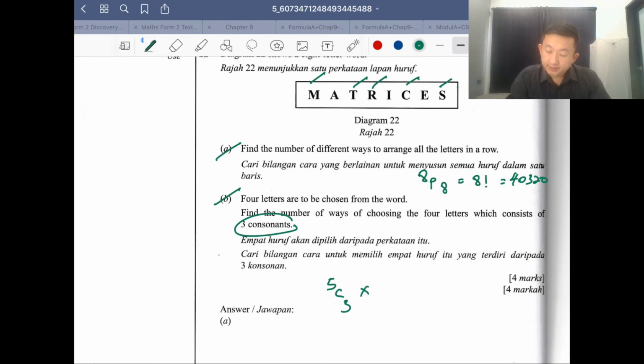Another one is, how many vowels do we have? 3 vowels, and we're going to pick 1 of them. 5C3, 3C1. The ways of choosing it. Okay.